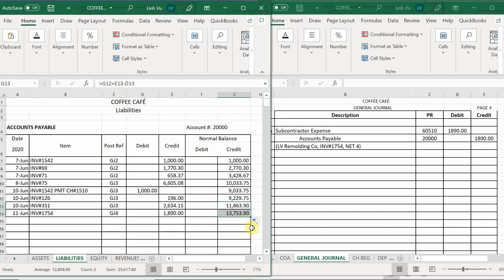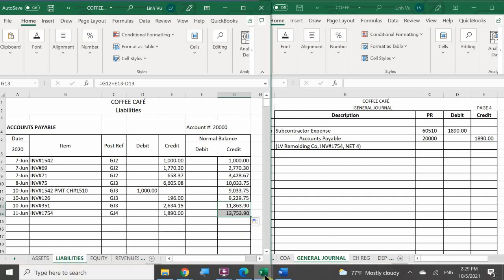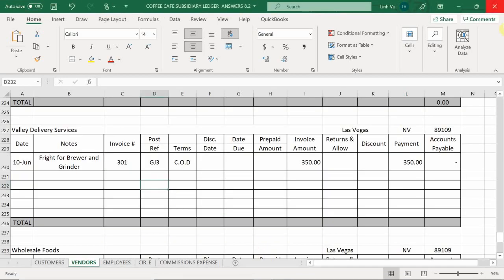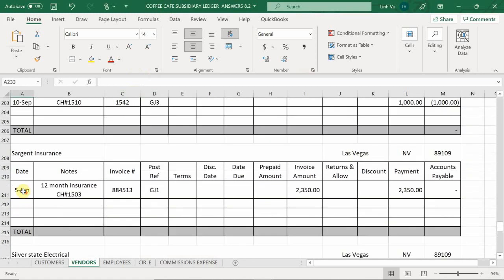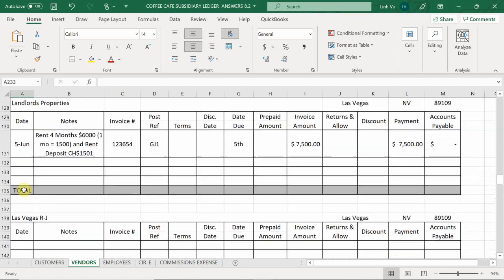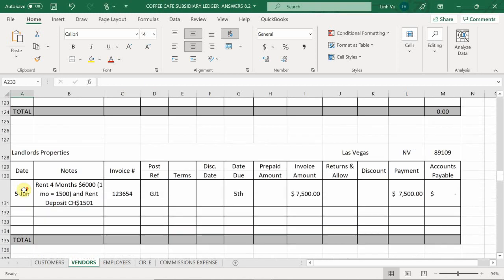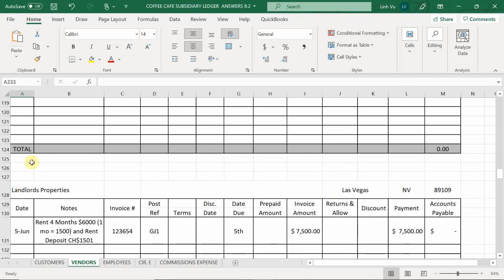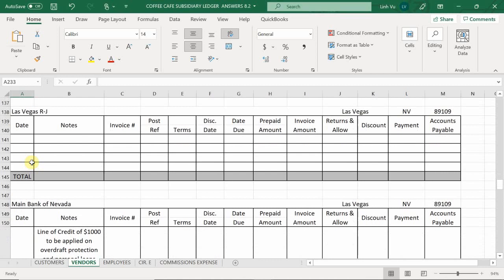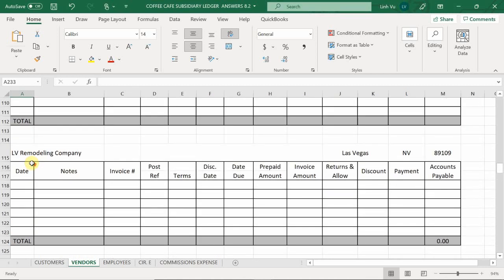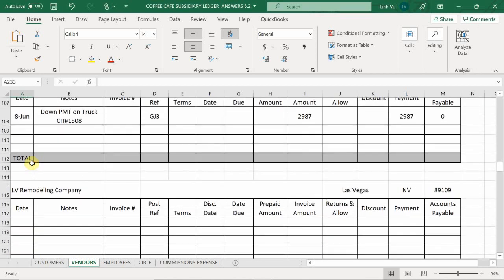Okay, so then we have to go to the subsidiary because we dealt with LB Remodeling. So here we are at Valley Delivery Services. We have to go up until we find LB Remodeling. Here's the Las Vegas RJ landlord properties. We don't give any number to the vendors.